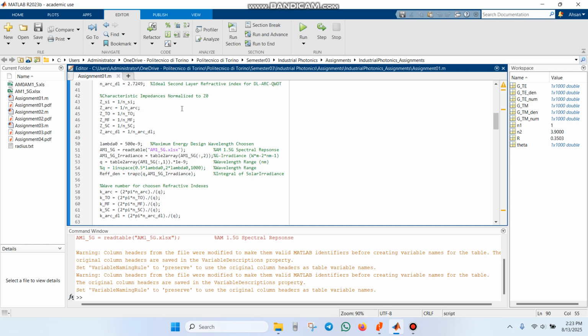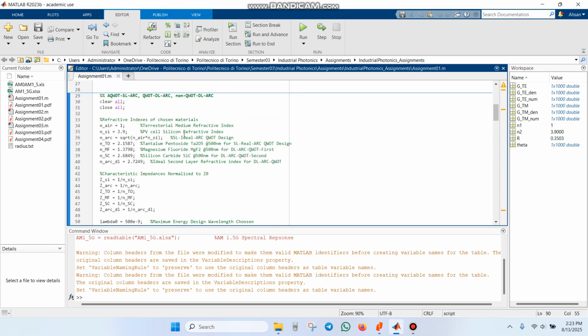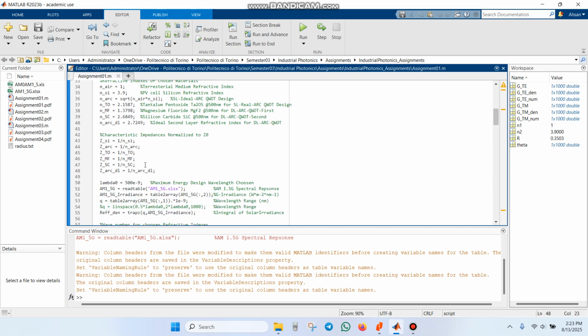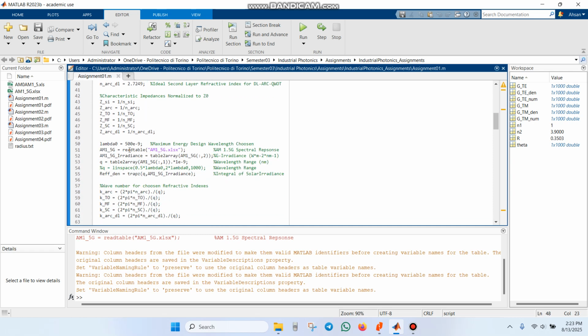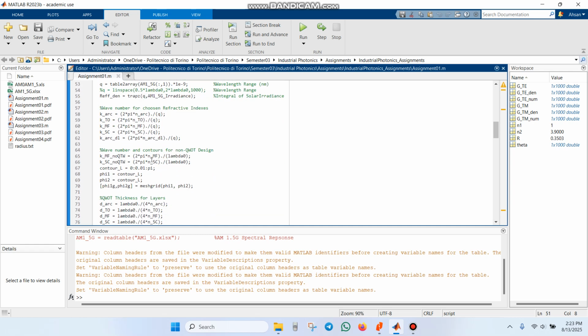Right, and the rest of this is related to the refractive index of the various design materials that we used, their characteristic impedances, and then we have this AM 1.5G table or data that was already available, and it's taken from the internet.